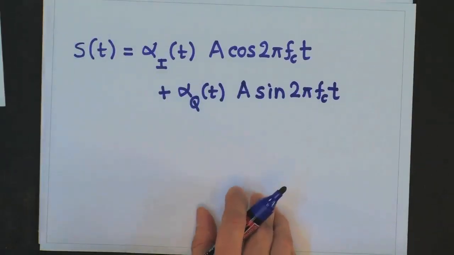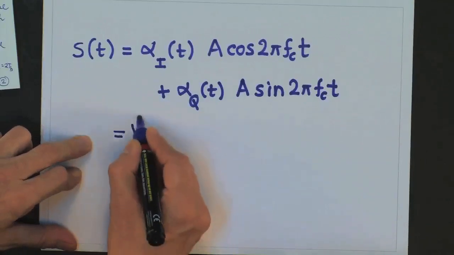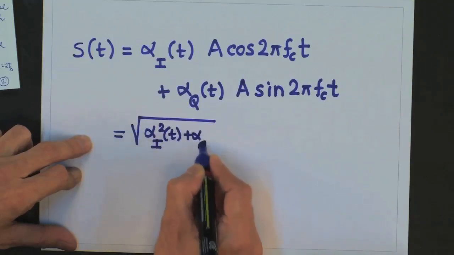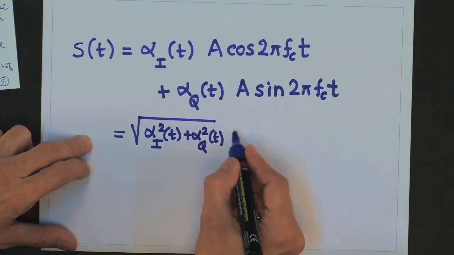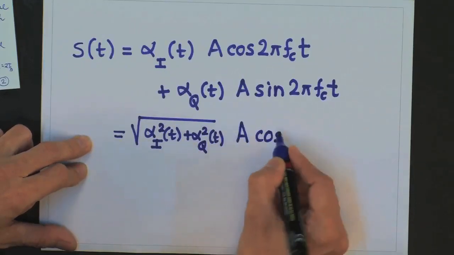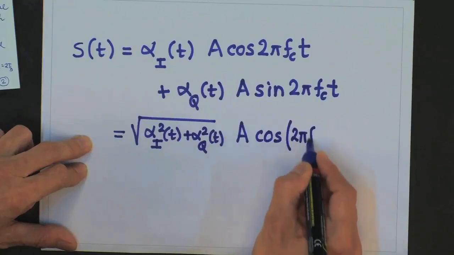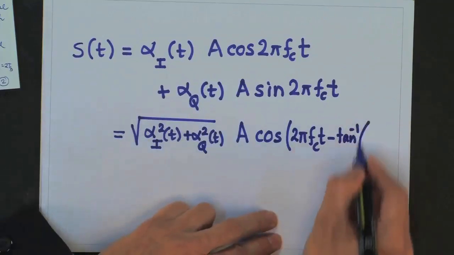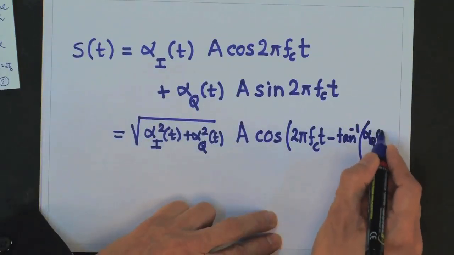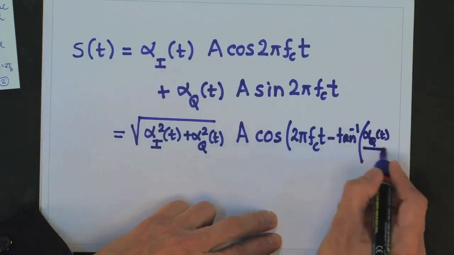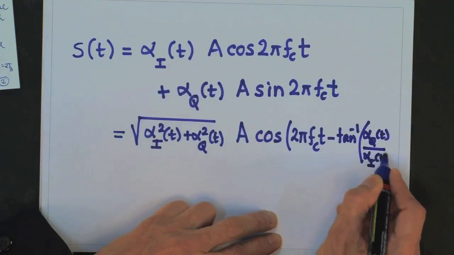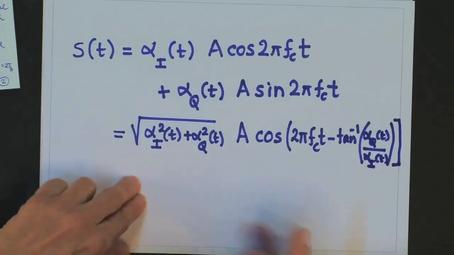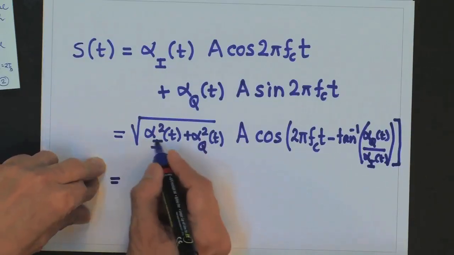and this can be rewritten as alpha q t divided by alpha i t. These values are plus minus 1.